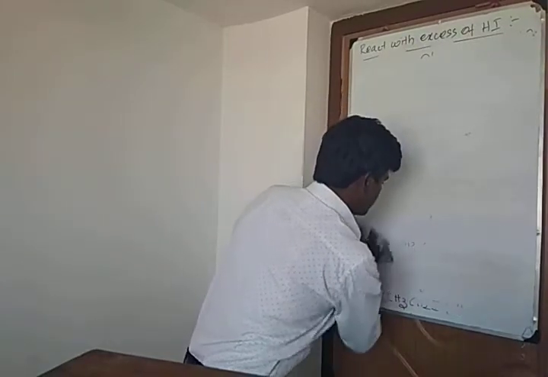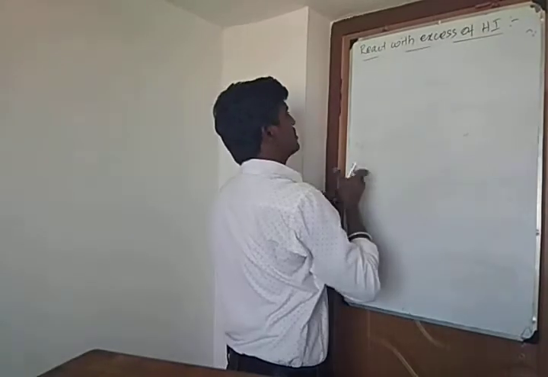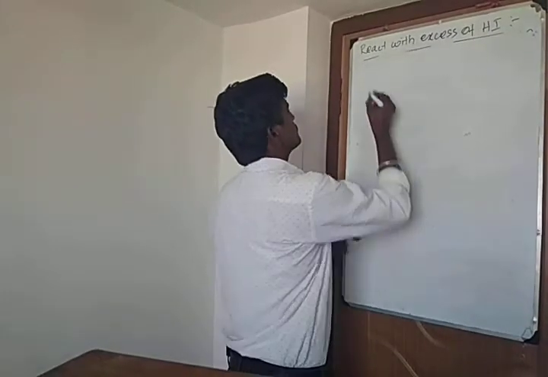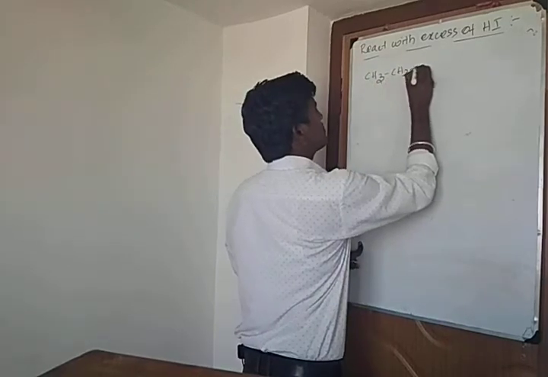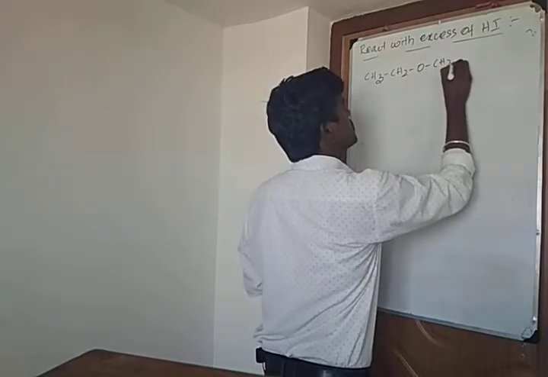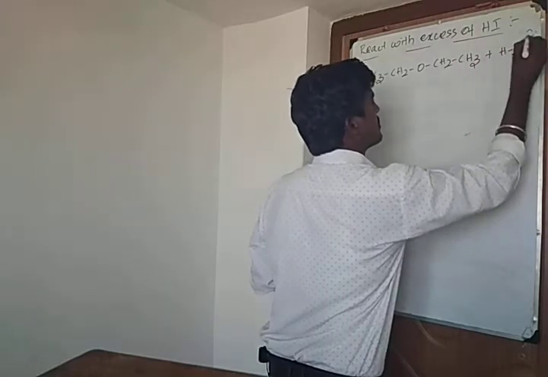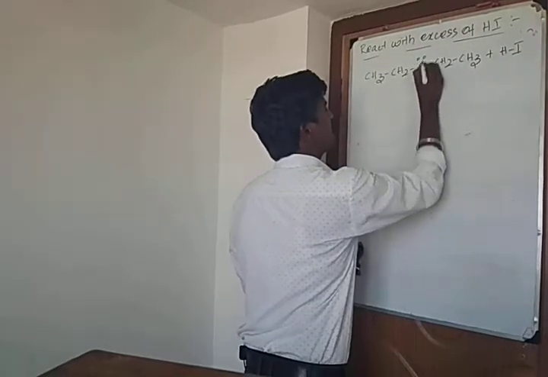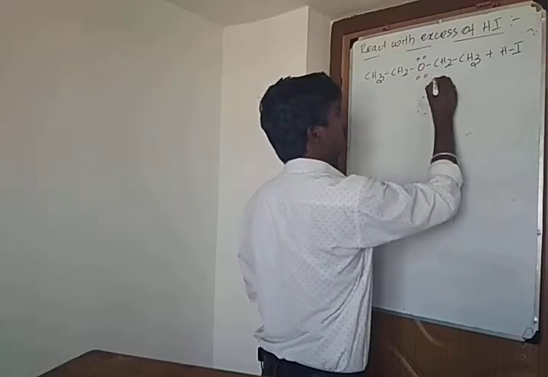Its mechanism. 2 moles, excess means 2 moles. First 1 mole. CH3CH2OCH2CH3 reacts with HI. Oxygen has 2 lone pairs of electrons. Am I right?